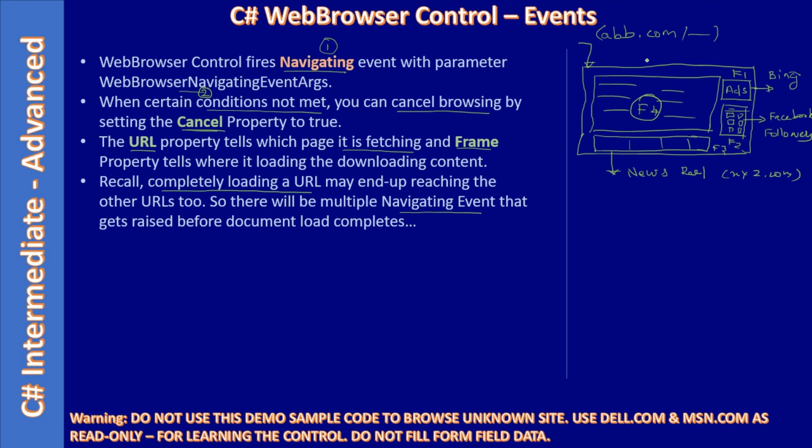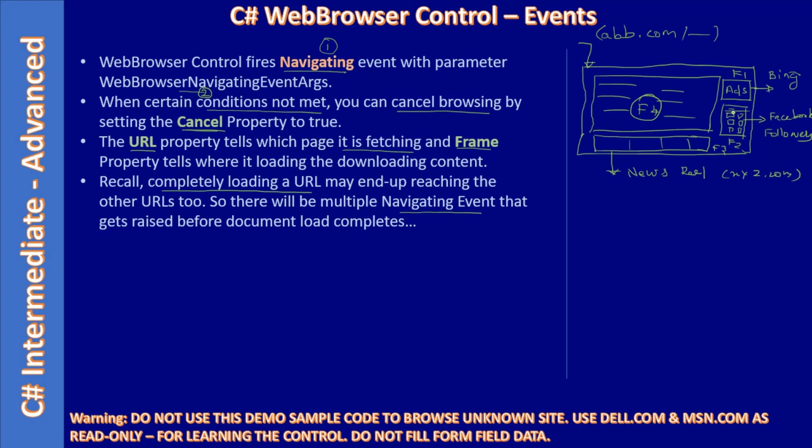That means the web browser control will visit abb.com, and it will visit the Bing website, the Facebook website, and xyz.com to read the latest news feed. And when it navigates these 3 websites, it downloads the content and places it somewhere in the loaded HTML document.